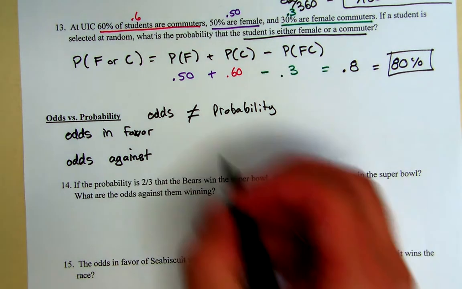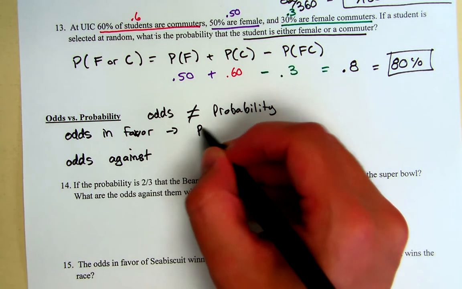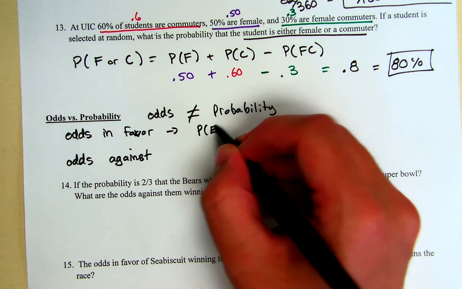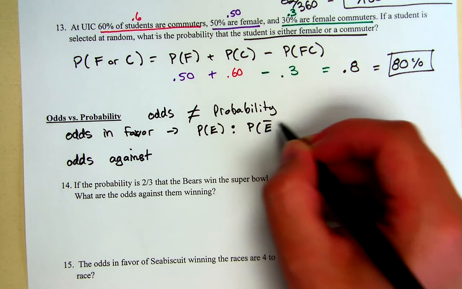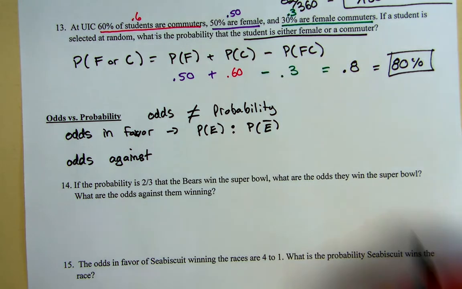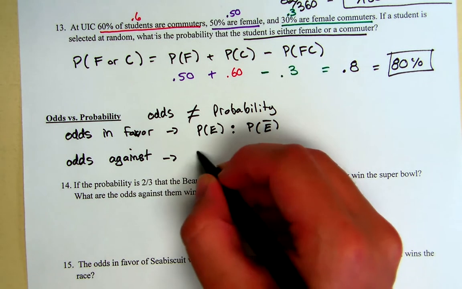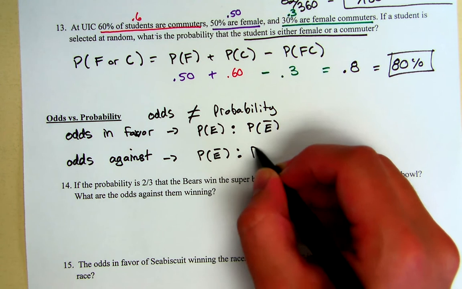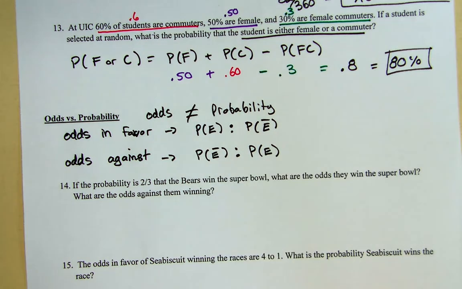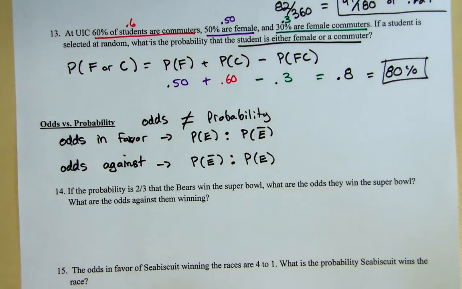Odds in favor are the probability of something happening to the probability of something not happening. Odds against are the probability of the event not happening to the probability of the event happening. So they're just the reverses of each other.